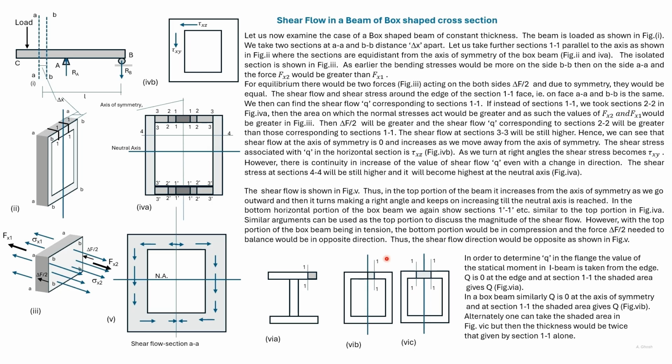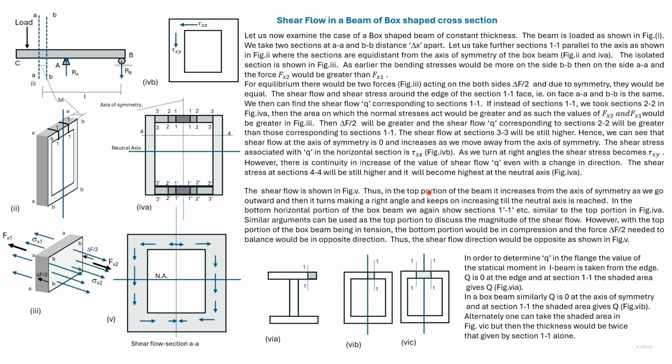So if we want to find the shear stress at section 1-1, then we consider the Q or the statical moment of area of this shaded portion. Another way is to find the Q of this shaded portion. Here these two sections 1-1 are equidistant from the axis of symmetry.